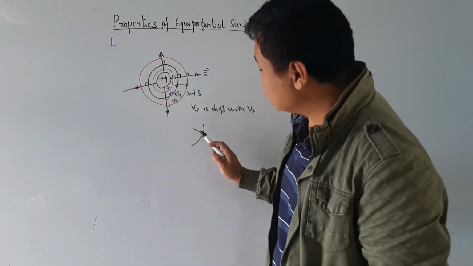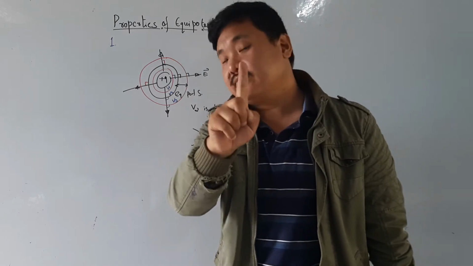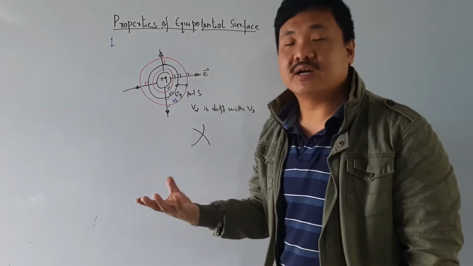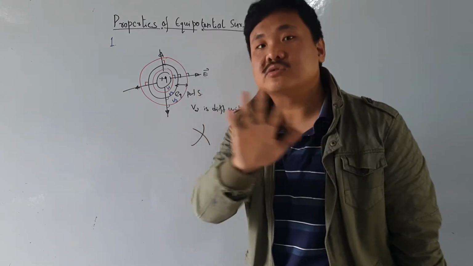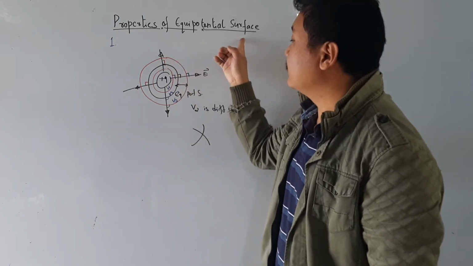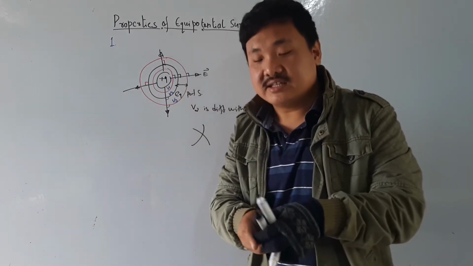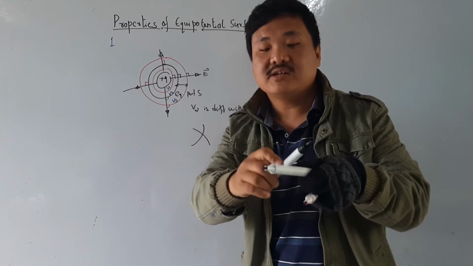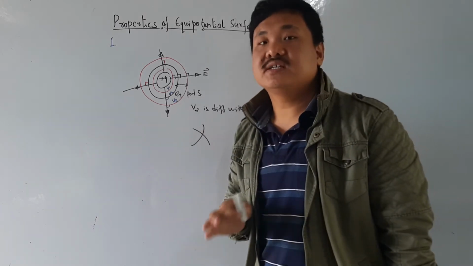At the same point there cannot be two different potentials. A point can have only one value of potential. So if they intersect, they will give two values of potential for the same point, which is not possible, because each equipotential surface has a different value of potential. That is reason number one.